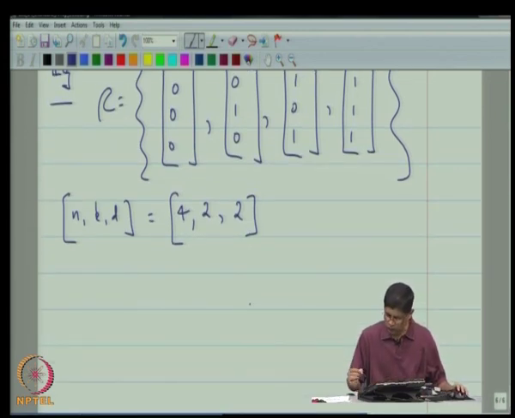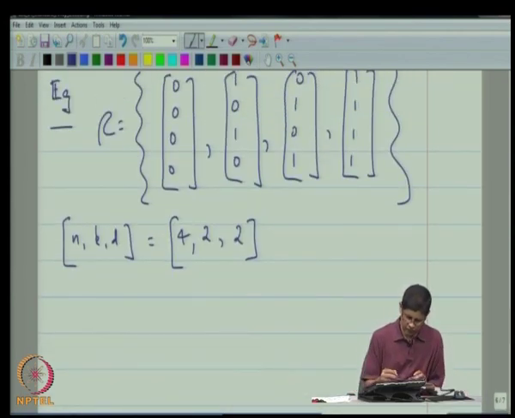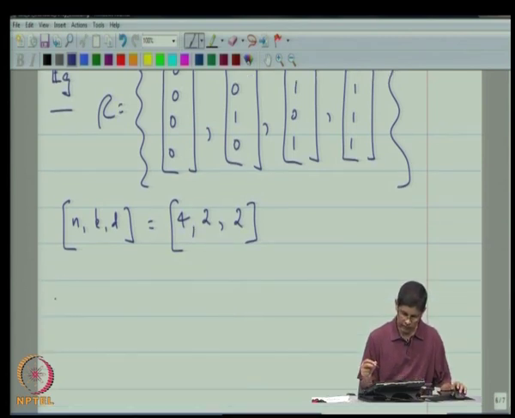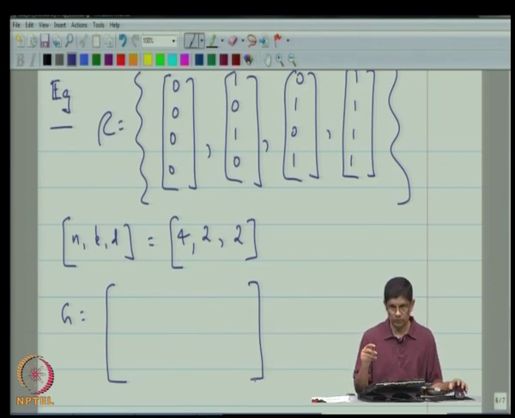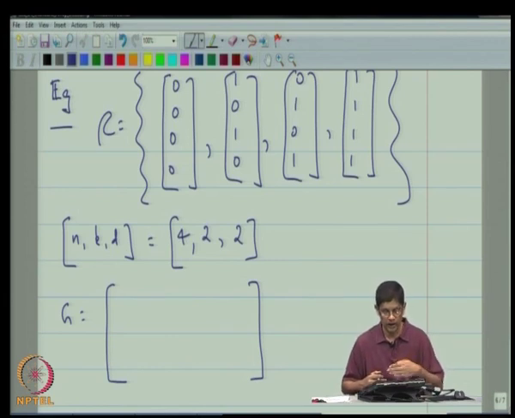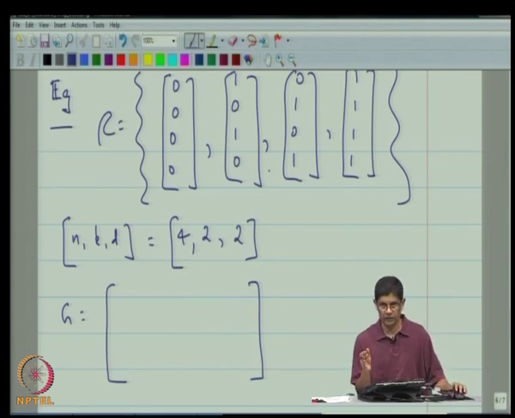Now, let us also, since we will need this a little later, write down a generator matrix for this code. A suitable generator matrix would be, remember, to construct a generator matrix, you need to set down a basis for the code when you regard the code as a vector space. So, it is easy to see that you can pick any two non-zero vectors in this particular case. Now I am also interested in keeping the generator matrix in systematic form.